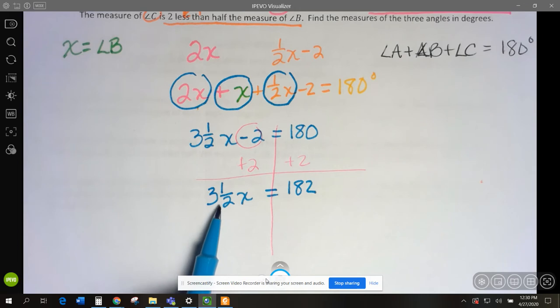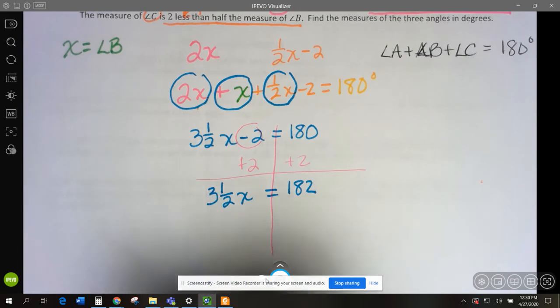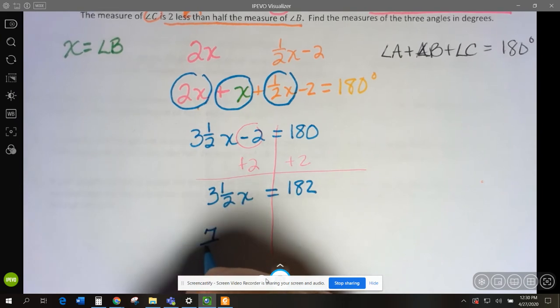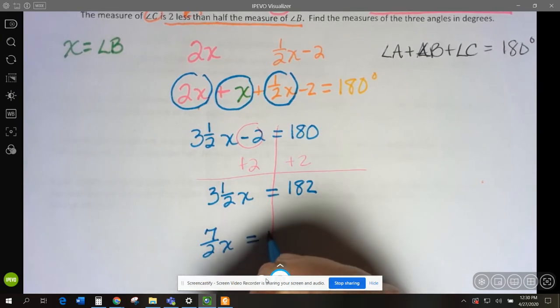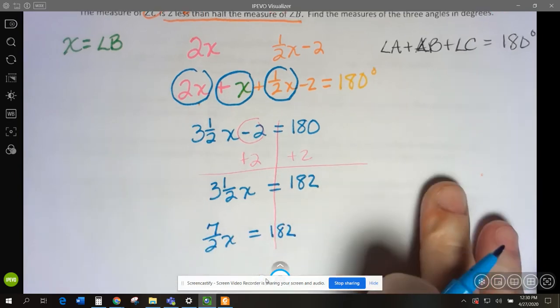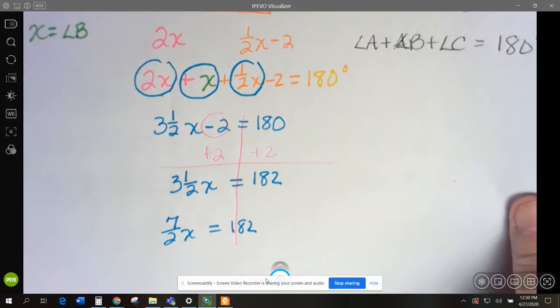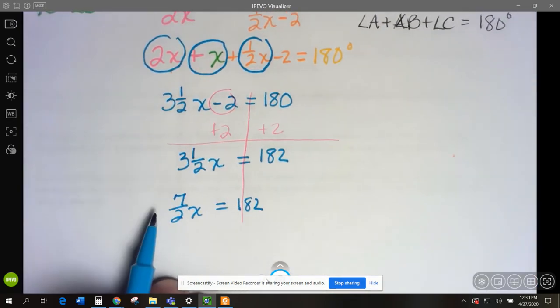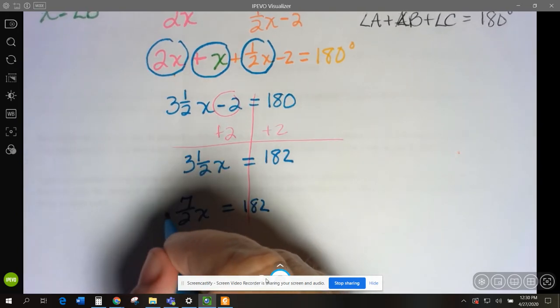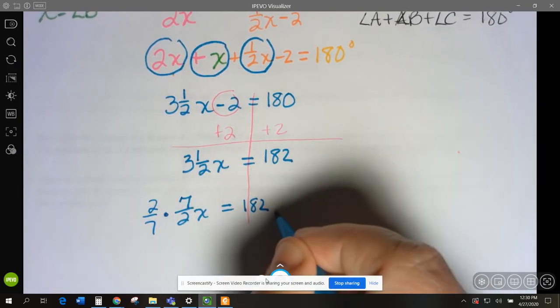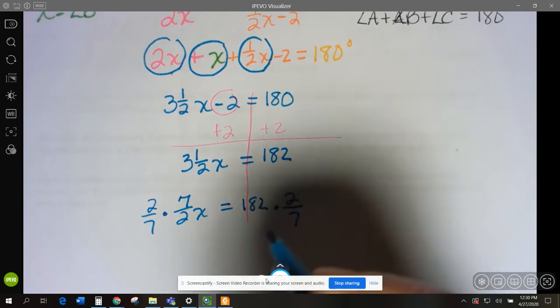Remember, we go 2 times 3, which is 6, plus 1 more is 7. So 7/2 x equals 182. And then to divide by a fraction, we multiply by its reciprocal. We've got to do that on both sides.